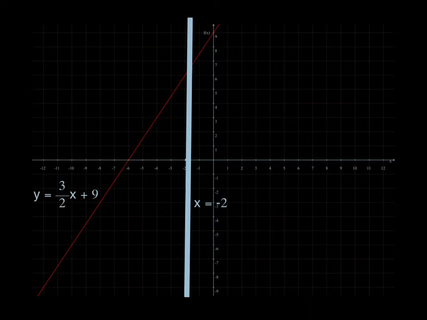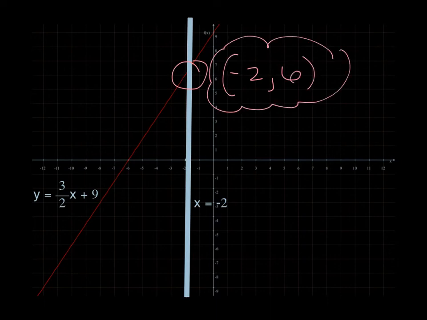Now remember, I'm looking for the point of intersection. Now my x equals -2 line is a little wide here for you guys, but you can see that these lines intersect right there. And the coordinate of that point is -2, 6, which is actually my solution.